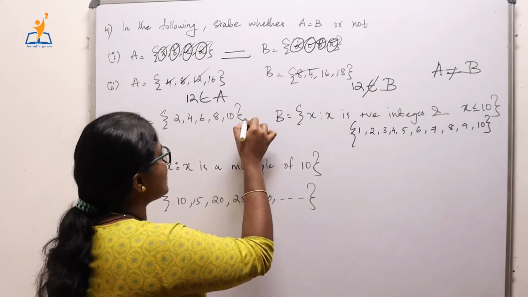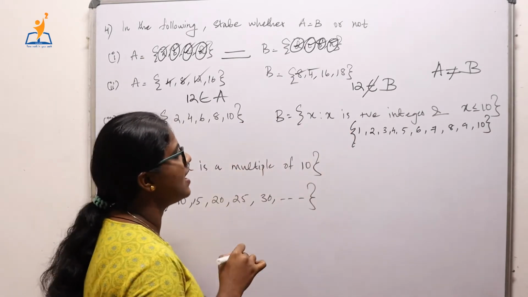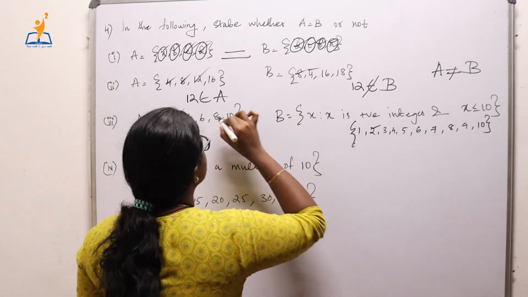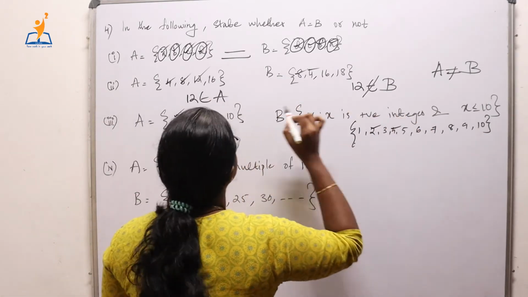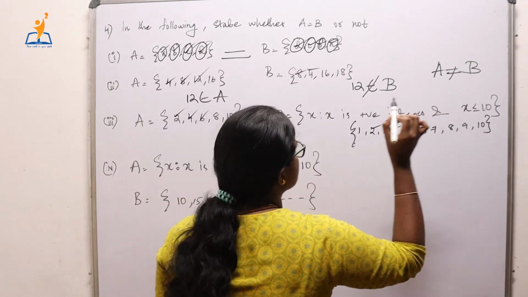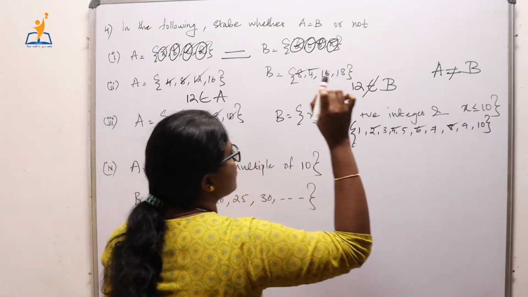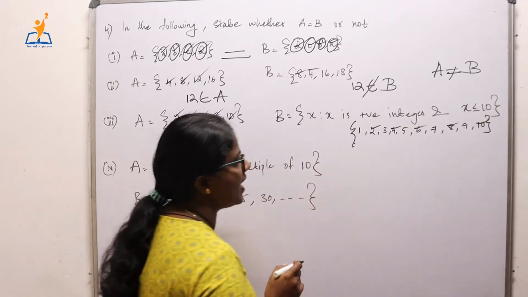Now we have to check whether this set and this set are equal. Here we have 2, here we have 2, here we have 4, here we have 4, here we have 6, here also we have 6, here we have 8, here also we have 8, here we have 10, here also we have 10.